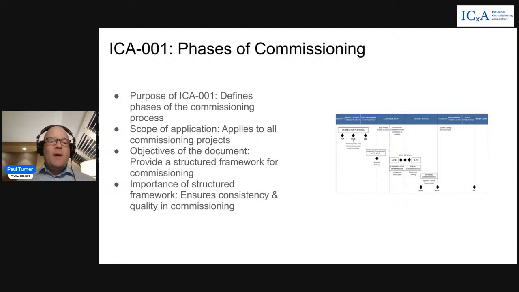And we've established this standard so that over the years we can ensure some consistency, or get a standardized approach to commissioning, with a focus on quality in commissioning, because commissioning has been a very disjointed industry, because all of the big companies have had to develop their own internal commissioning processes. Everybody uses different terminology and everybody does it slightly differently, right?